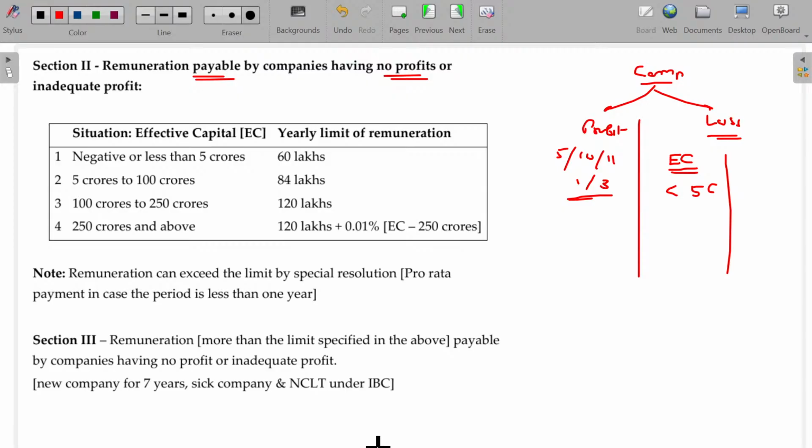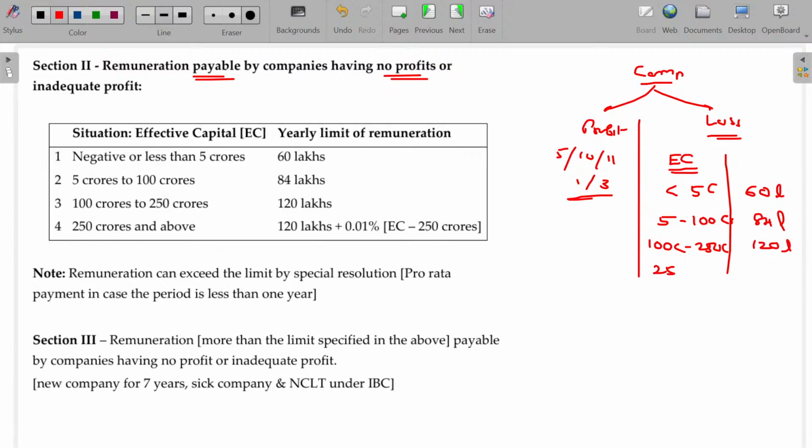So in that case, the effective capital is 5 crores and less, then remuneration to all the directors put together should be 60 lakhs maximum. If it is anywhere between 5 to 100 crores, then 84 lakhs, another 24 lakhs excess. If it is anywhere between 100 crores to 250 crores, then this should be 120 lakhs.